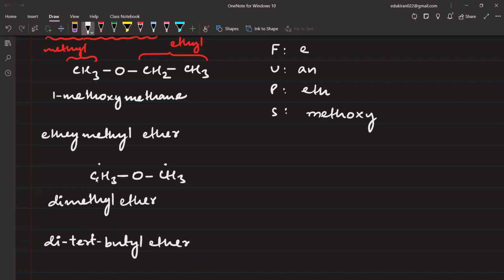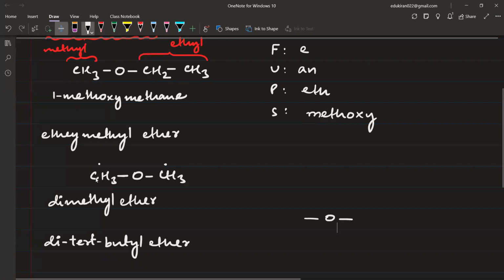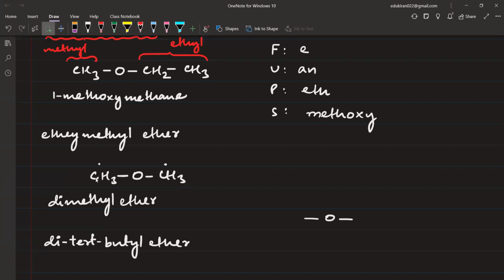Di-tert-butyl ether. Obviously, if it is ether, we will have oxygen with two groups attached. Now, what is di-tert-butyl ether? Please remember, this is a carbon atom that is connected to three CH3 groups. That is why it is tertiary.